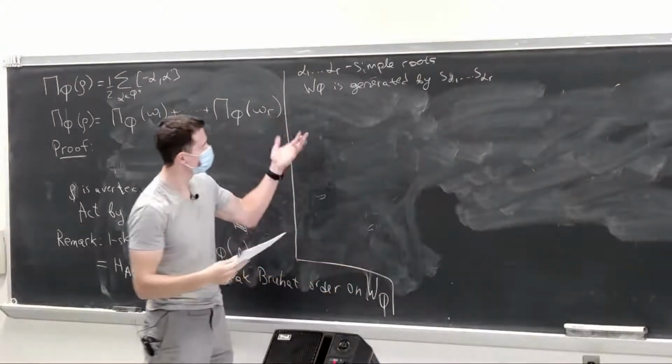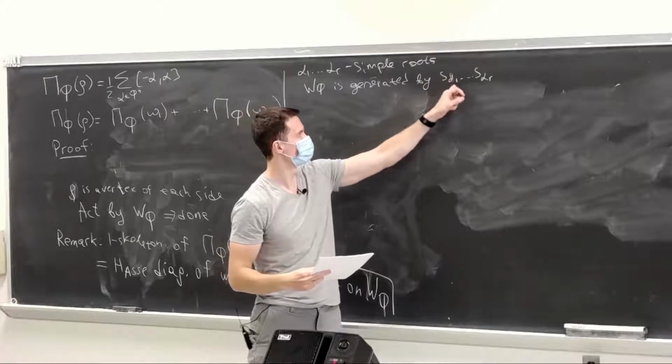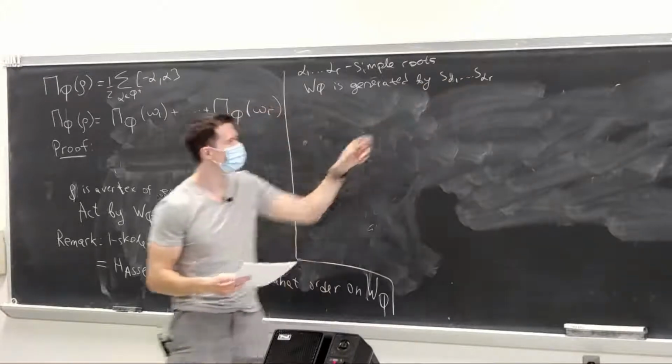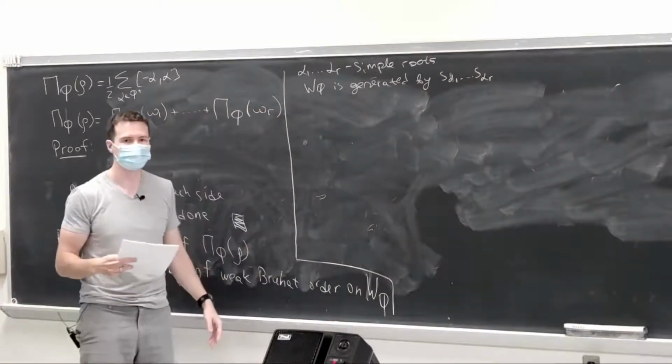So in principle, it's generated by all reflections for all roots. But it turns out you can only take simple roots and then they generate the whole group already.